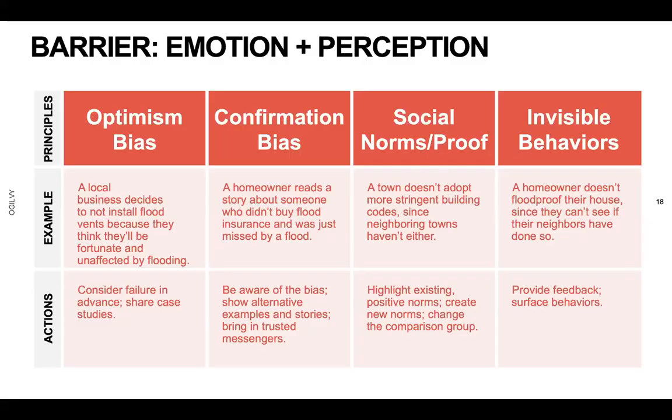So the common example I think of here is, you may have heard of examples where a water company will share your usage of water compared to your neighbors as a way to try to influence your behavior. In this example, we're talking about a homeowner who doesn't flood-proof their house, or maybe they don't get insurance or other things because they don't see their neighbors doing it, or it's just not something they have visibility into.